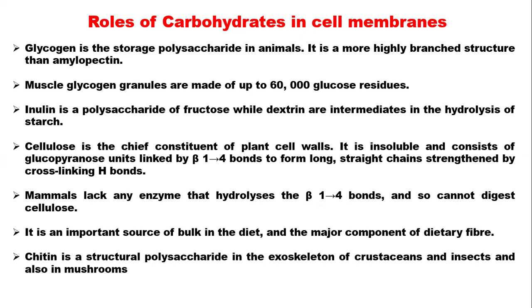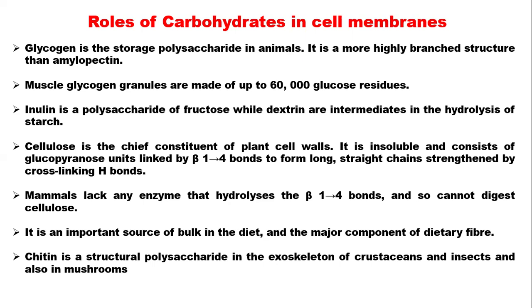We are going to discuss that in subsequent classes when we talk about amino acids and proteins. While inulin is a polysaccharide of fructose, and there is also dextrin, which are intermediate polysaccharides formed as a result of the hydrolysis of starch.